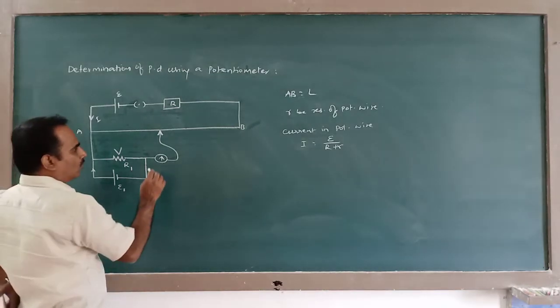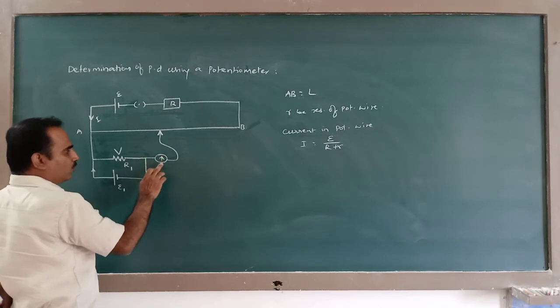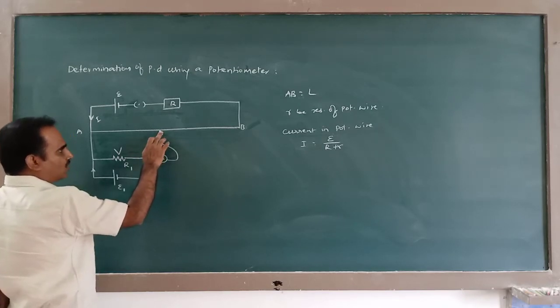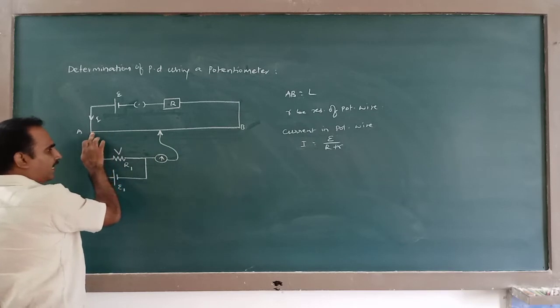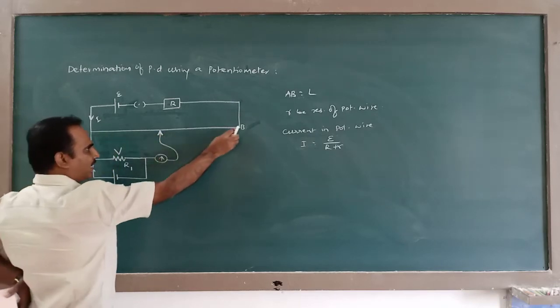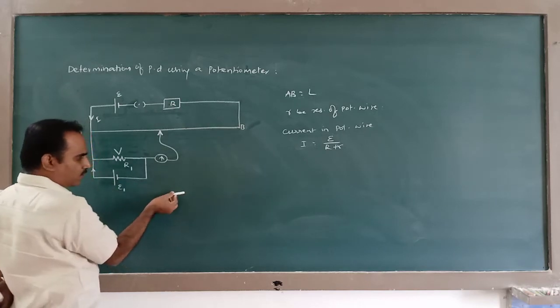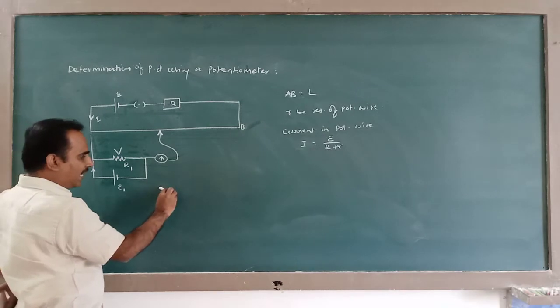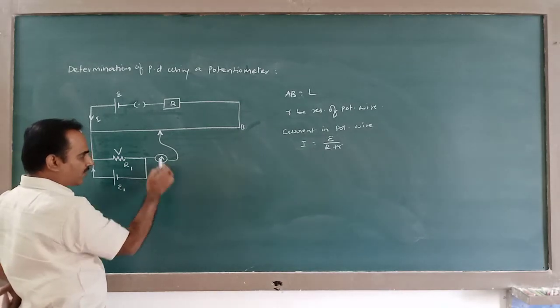Now you check this circuit for opposite deflection. You move this sliding contact to the end A, deflection will be to one side. When you move the sliding contact to the end B, deflection must be exactly to the opposite side. That means at A and at B, you should get opposite deflection in the galvanometer.